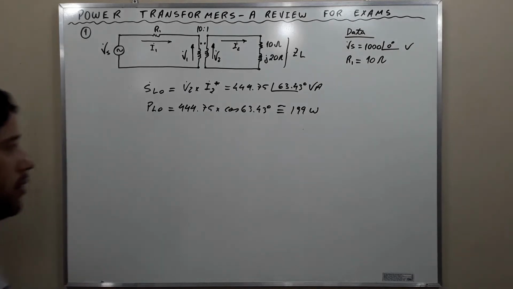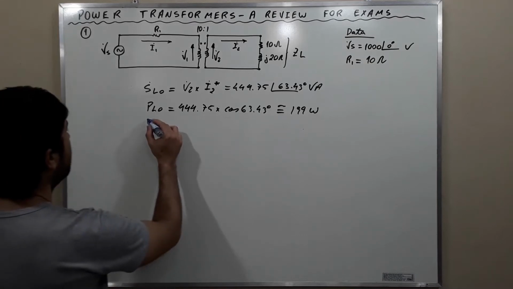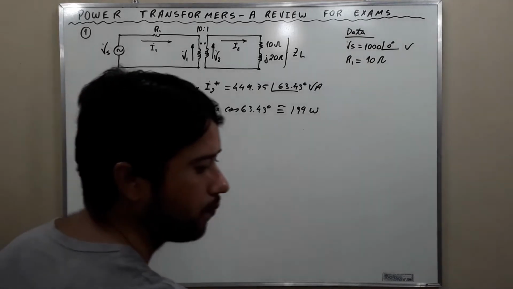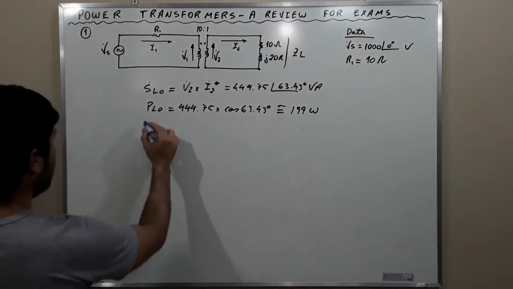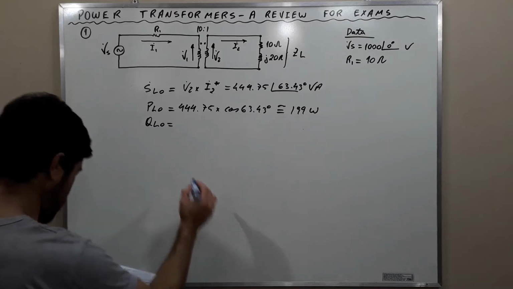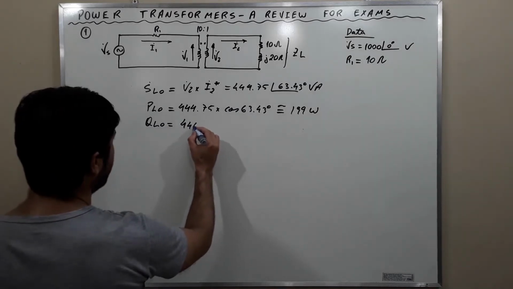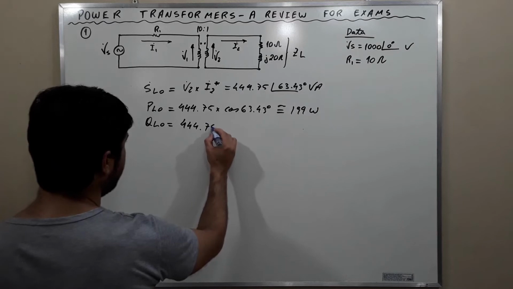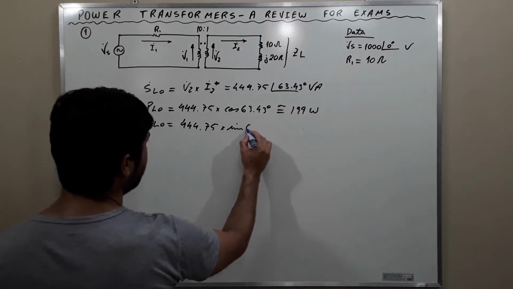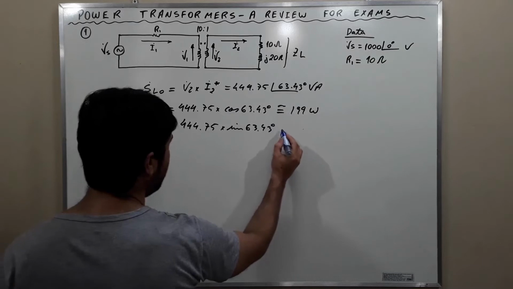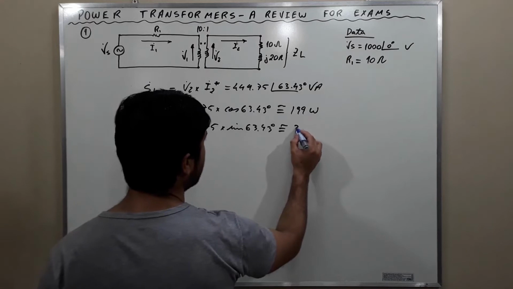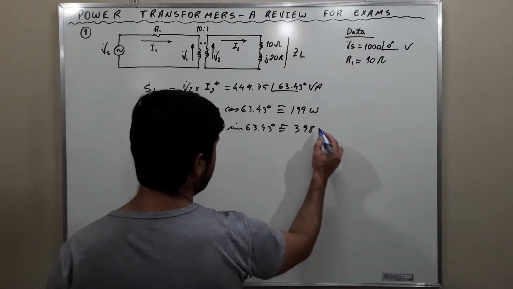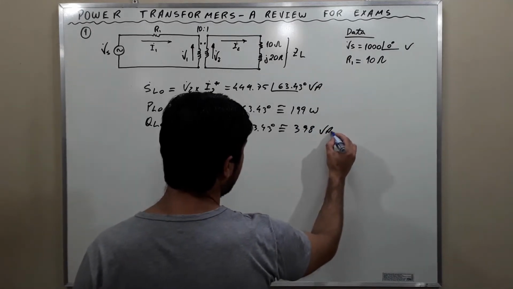This is the real power delivered to the load, and the reactive power, Q, of the load, is equal to 444.75 times the sine of 63.43 degrees, which is approximately equal to 398 VAR.